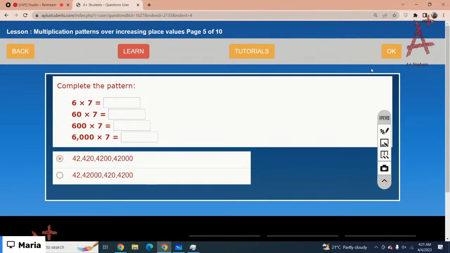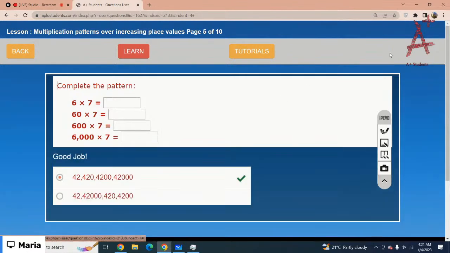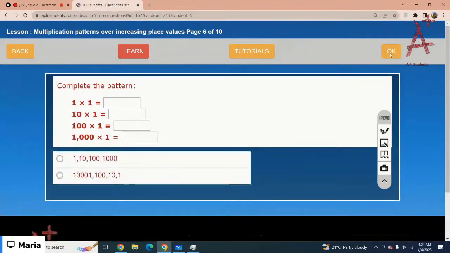Got it? 42, 420, 4200, and 42,000. Option number 1 is the correct option.